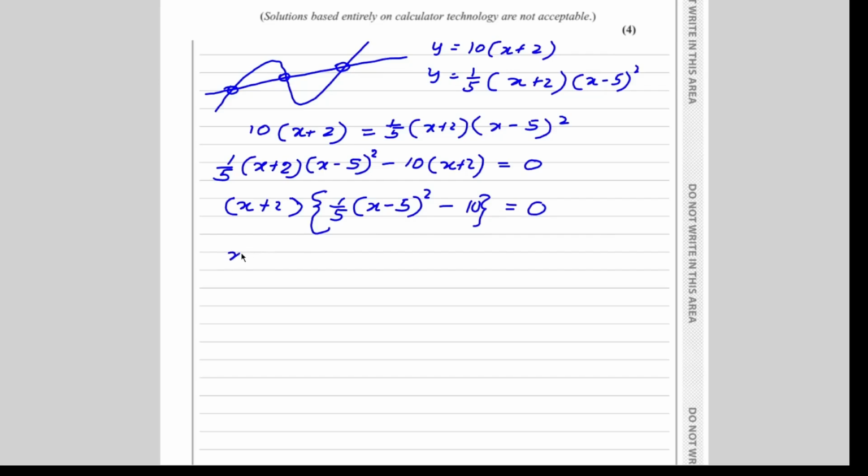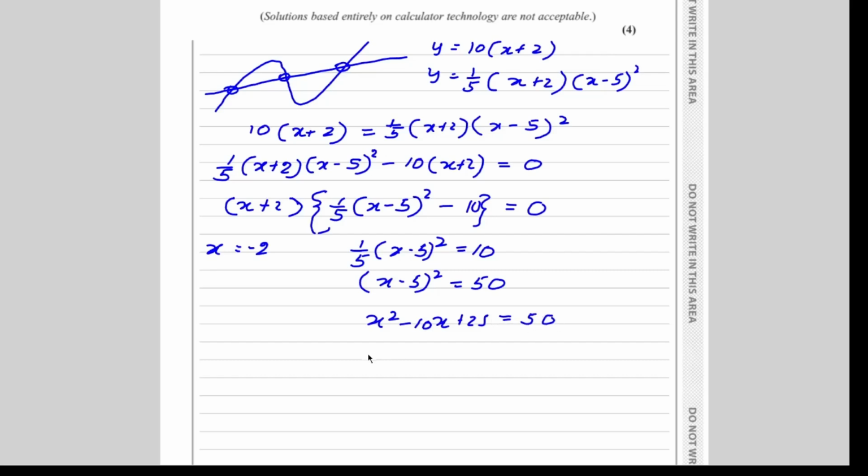Then I can write x plus 2 equals 0, or 1 over 5 times x minus 5 squared minus 10 equals 0. So x minus 5 squared equals 50. So x squared minus 10x plus 25 equals 50. x squared minus 10x minus 25 equals 0.